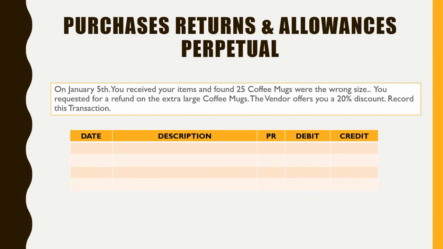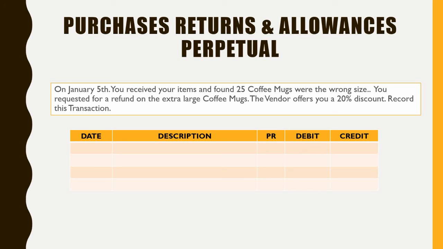Okay, so now let's practice the allowance part. The first one was a full return. Now let's also understand this one. On January 5th, you received your items and found that 25 of those coffee mugs were the wrong size. Of course, you requested a refund for the extra large coffee mugs, but the vendor somehow convinced you and offered you a 20% discount, and you accept it.